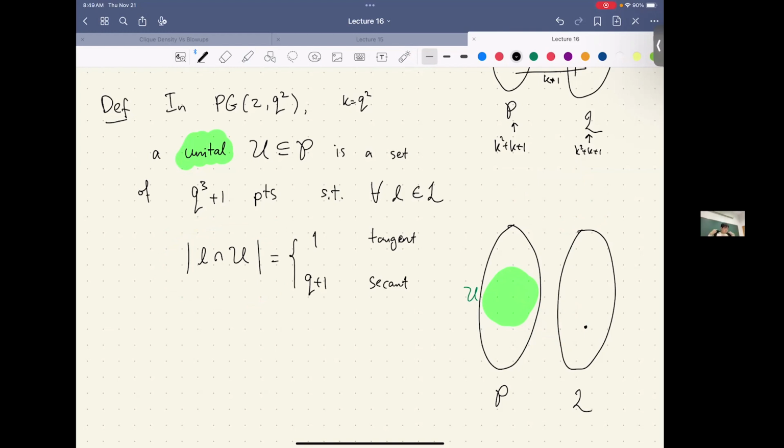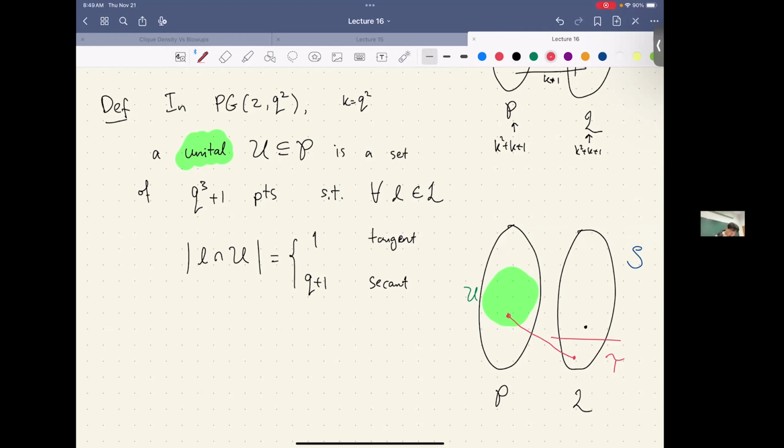Okay. Now, that means we have two types of lines. Here are our tangent lines, T, and up here are our secant lines, let's call it S. For every line here, you only have degree 1 to U. That's what it means. And you have degree q squared outside.